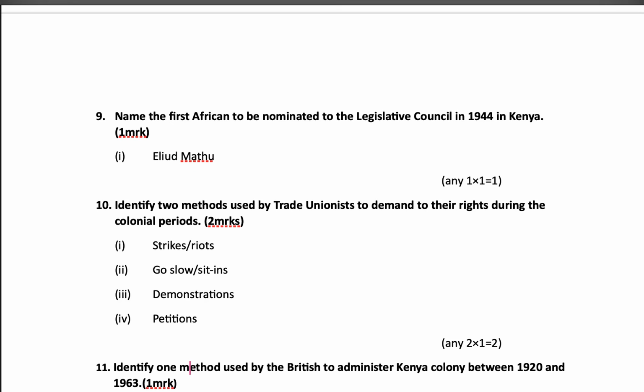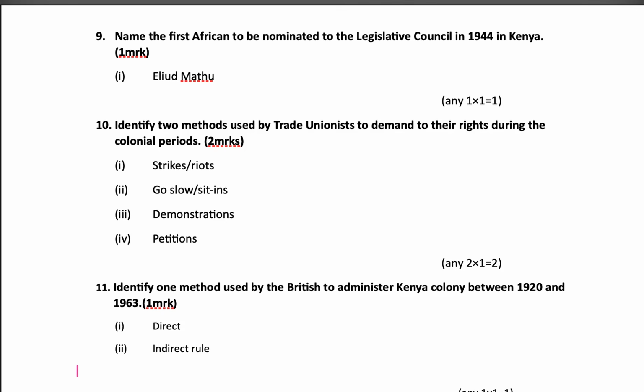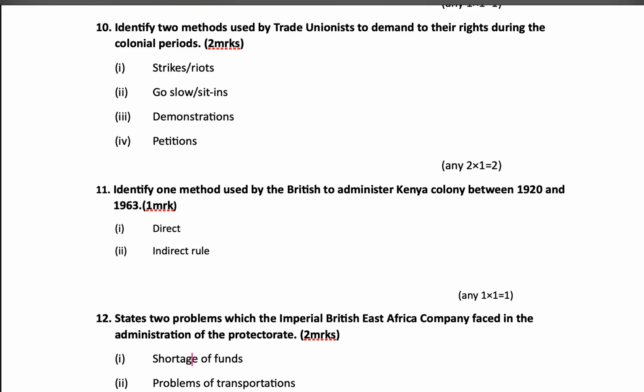Question 9. Name the first African to be nominated to the Legislative Council in 1944 in Kenya. Eliud Mathu. Question 10. Identify two methods used by trade unionists to demand their rights during the colonial period. Strikes, go-slows, demonstrations, petitions.